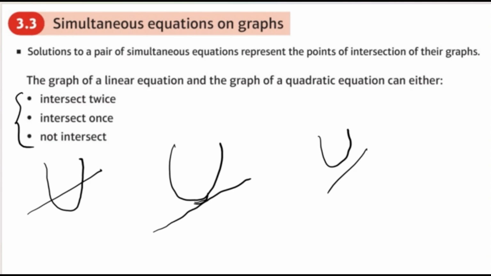But to find out this, we have to find the solution of a pair of simultaneous equations. So that will tell if you have two solutions, it means it is intersecting 2 times, one solution then it's just touching it, and no solution means it's not touching or not intersecting.